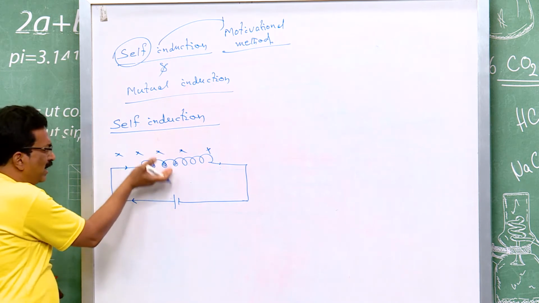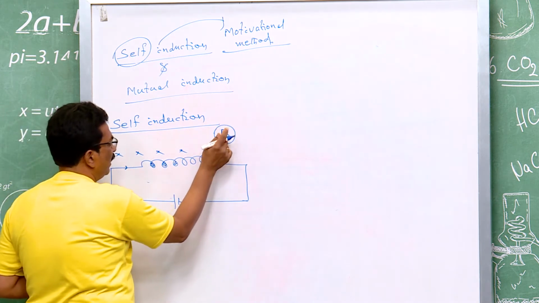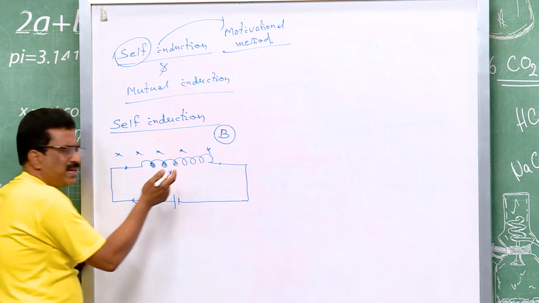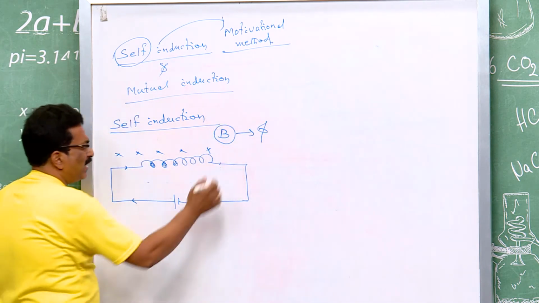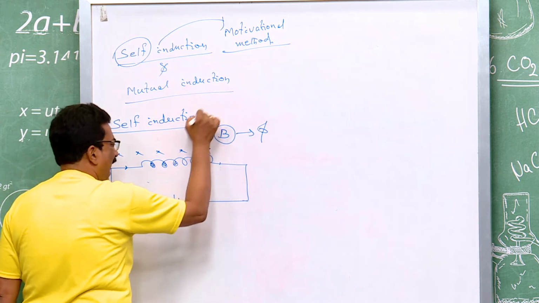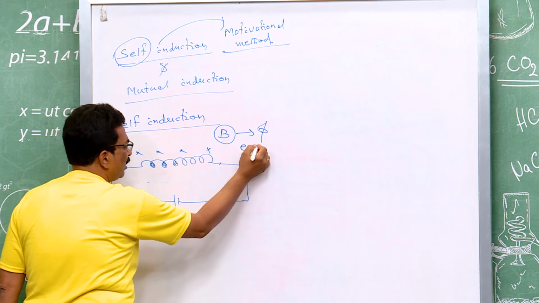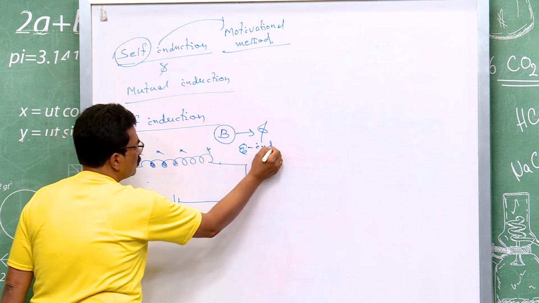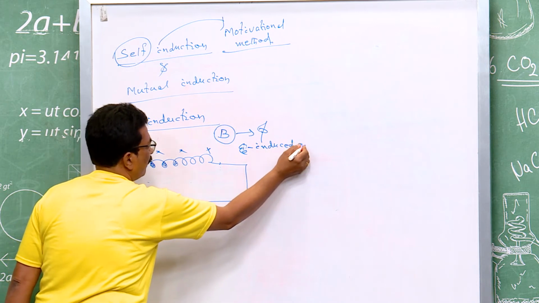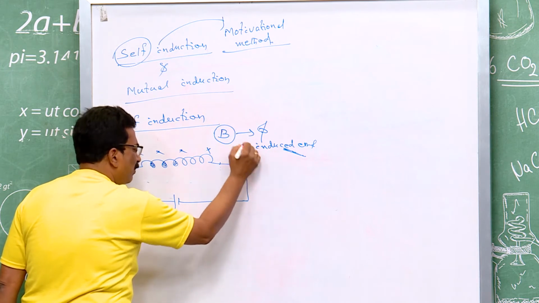When the field is changed, there is a change in the value of B. So, when the field is changed, there is a change in its flux, and due to the change in flux, as we came to know, when the flux is changed there will be an induced EMF. When the induced EMF is there, then there will be a current.